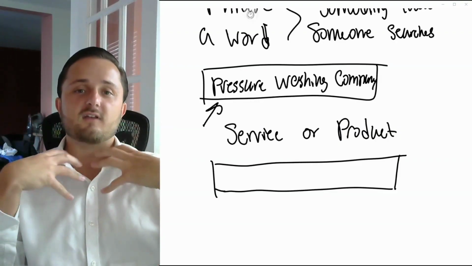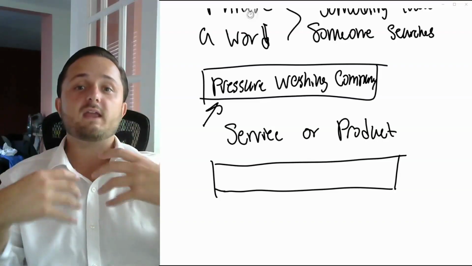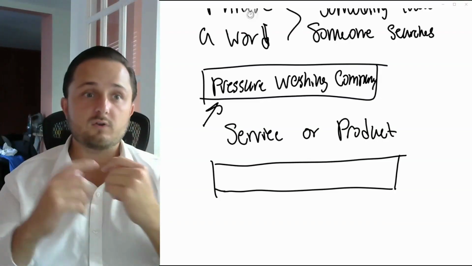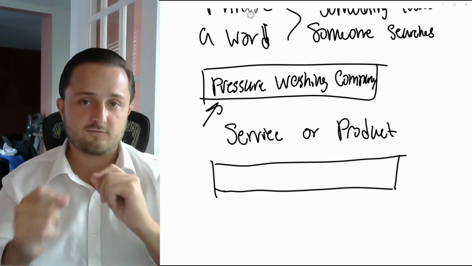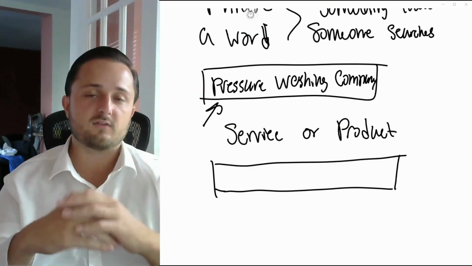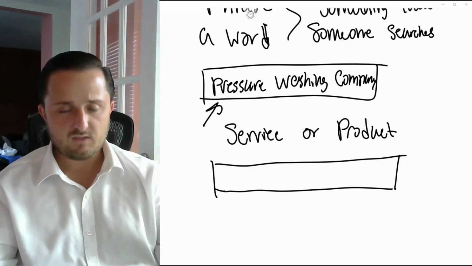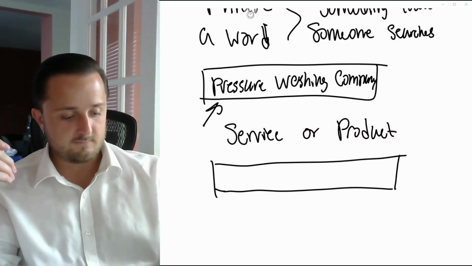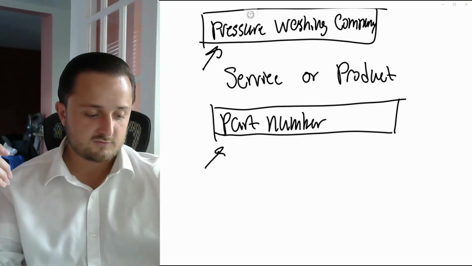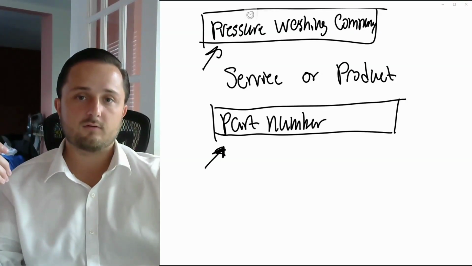So what happens is us as the practitioners, we actually know what it's called. We would know how to search. We would know what to put into Google to find the thing we're looking for. Another way to think about this is that if you've ever bought a very specific part number, right? To go and search for that very specific part number.